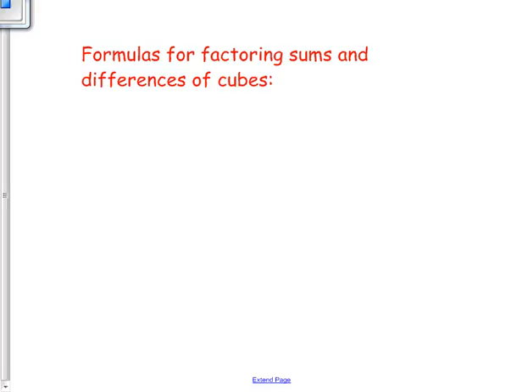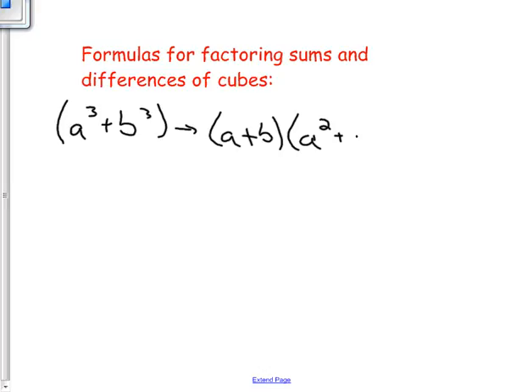So our formulas for factoring sums and differences of cubes, you'll also find right on the front page of that handout. We have a cubed plus b cubed, which factors to a plus b times a squared minus ab plus b squared.